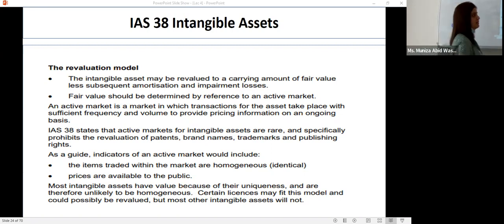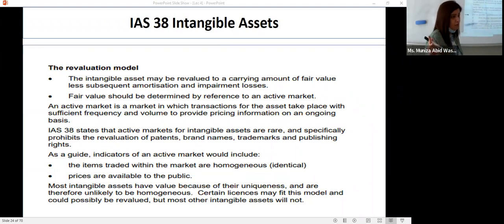If, for example, the fair value model has to be used, it is going to be implemented in the same way as IAS 16 or IAS 40. We can say IAS 16 because amortization will be taken here. So it will be recognized at fair value minus subsequent amortization minus any subsequent impairment losses.